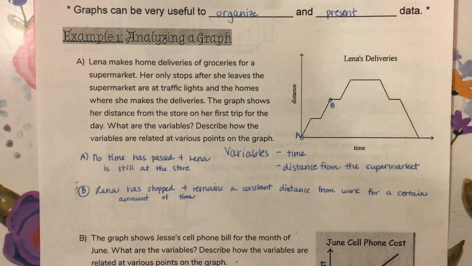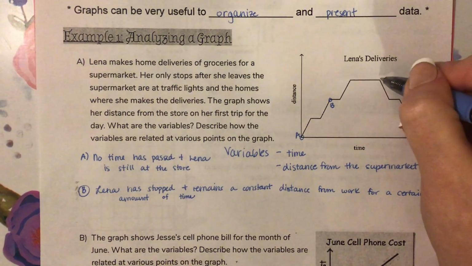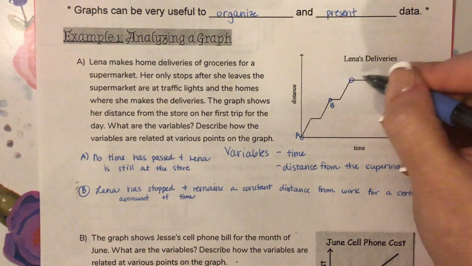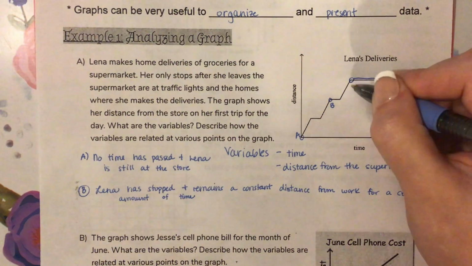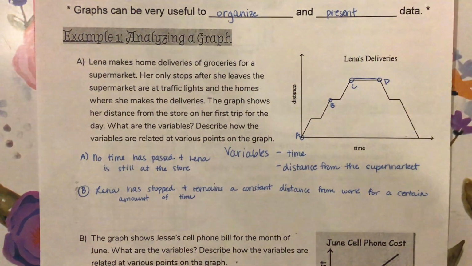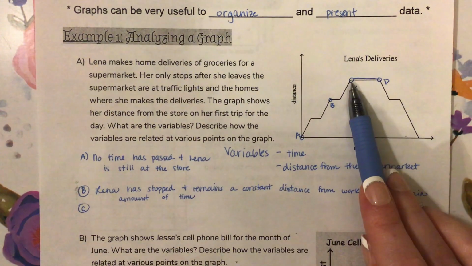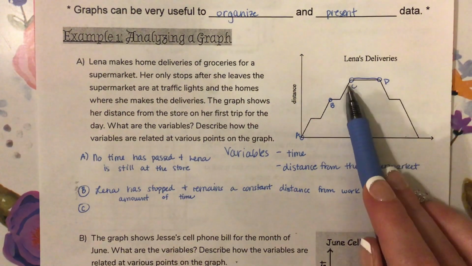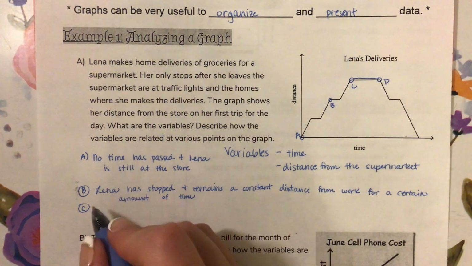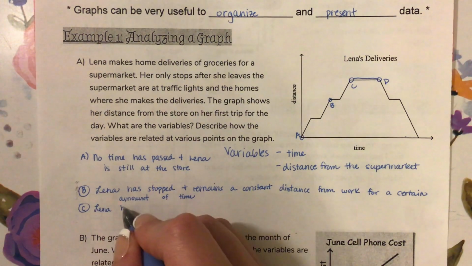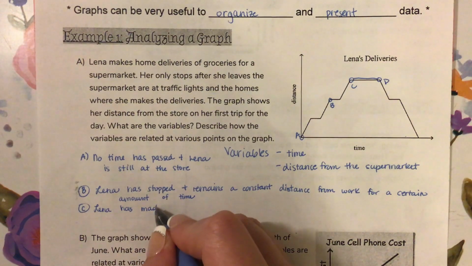And let's see here. Let's choose this point right here to this point right here. So I'm going to say from C to D. So C, Lena has clearly made her last stop. She's not continuing going further away from the store. So C is Lena has made her last stop.